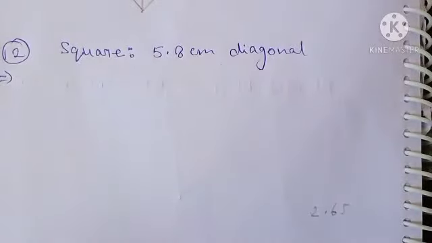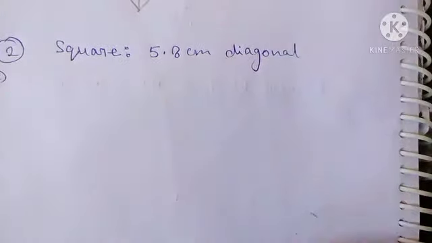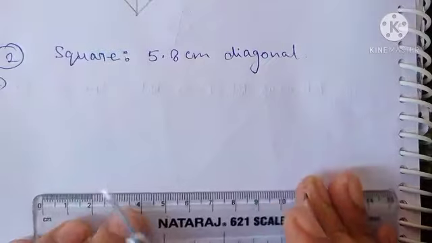Construct a square whose diagonal is 5.8 centimeter. So what we have to do, first of all, we have to construct a line segment of 5.8 centimeter, a diagonal of a square.